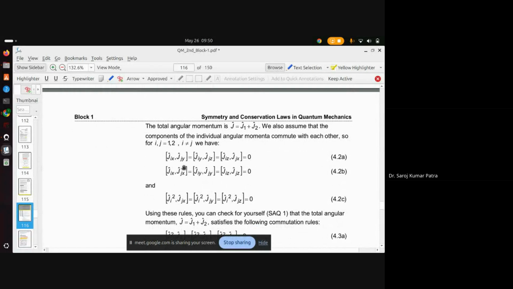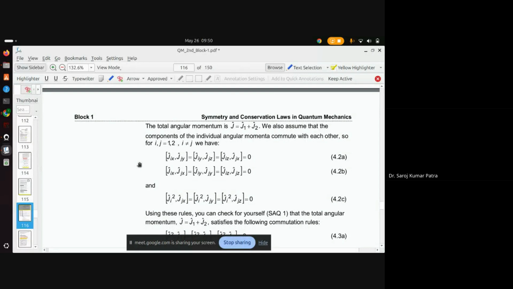But what about this one? The x component of total angular momentum of the first particle, with i not equal to j.